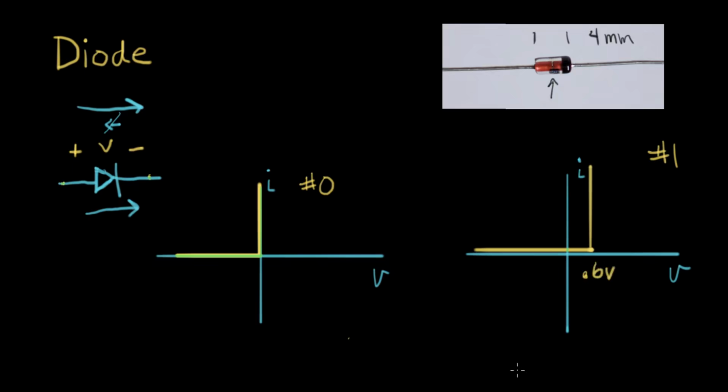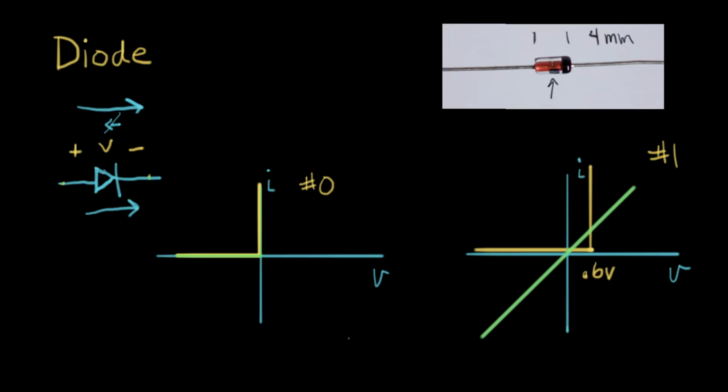For a lot of simple circuits that we build, this is a pretty good IV model of a diode. Just as a reminder, when we had the IV curve of resistors, a resistor IV curve looks something like this. It was a line that went through 0 and had a constant slope. So a diode is a really different kind of device. It's a nonlinear device, as we can see from this.